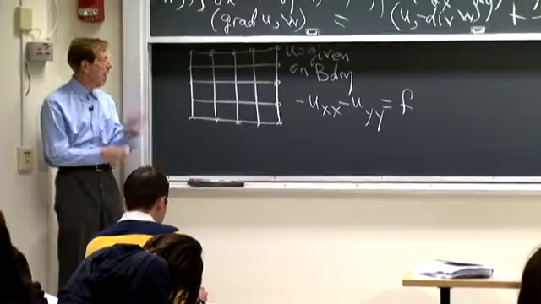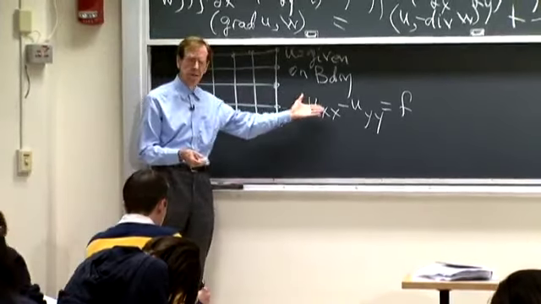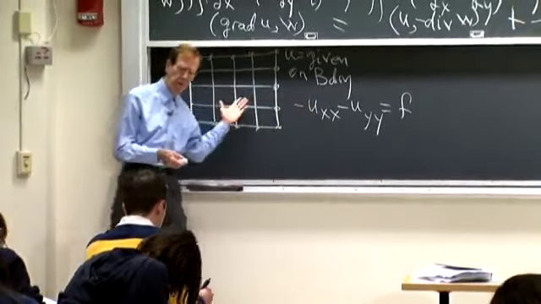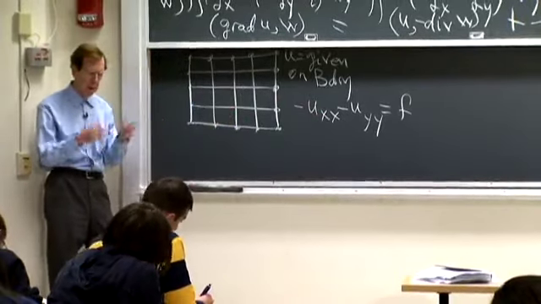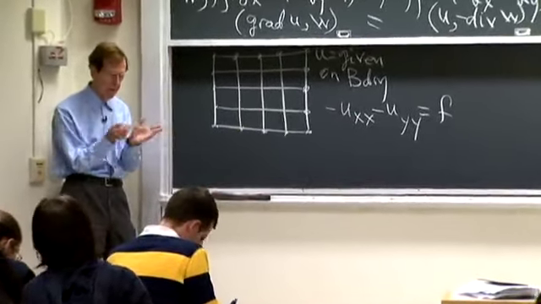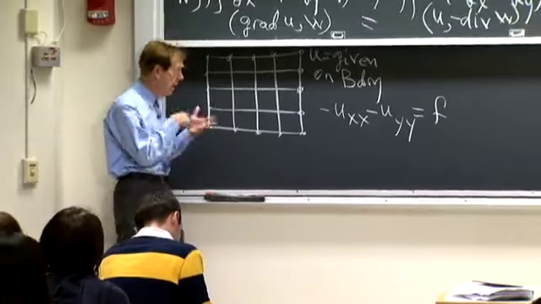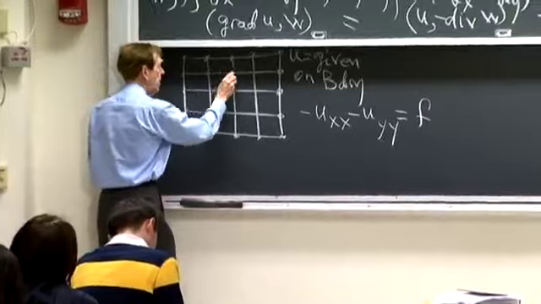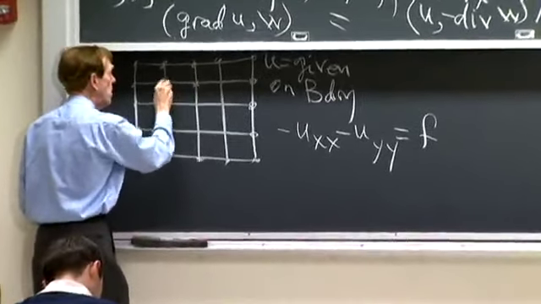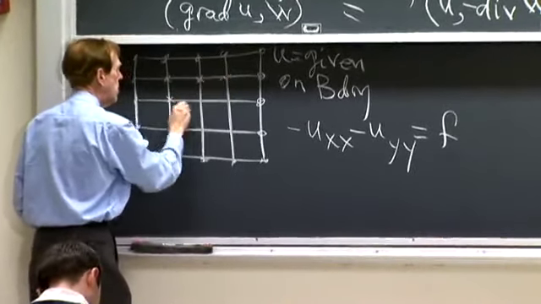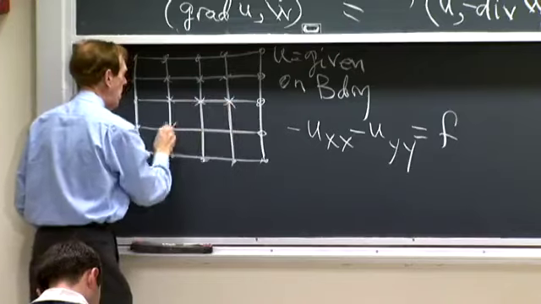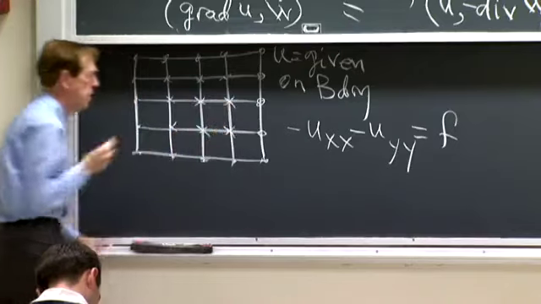I want to turn this into finite differences. That'll be my system of 9 equations. And the unknowns will be the 9 values of U. So these are unknowns, right? Those are the unknowns. Okay, and I need equations.